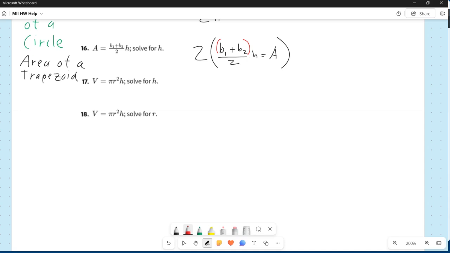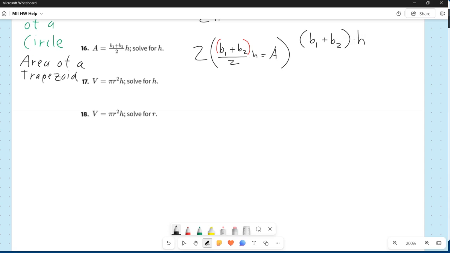right? That's what we're trying to do. We're trying to get rid of the fraction. But the b1 plus b2 still has this group around it. So if you do this method where you're just multiplying by 2, on your next step, you have to include those parentheses, which used to be invisible, but now they're not. So let that sink in for a second.